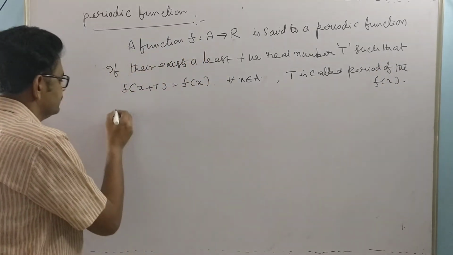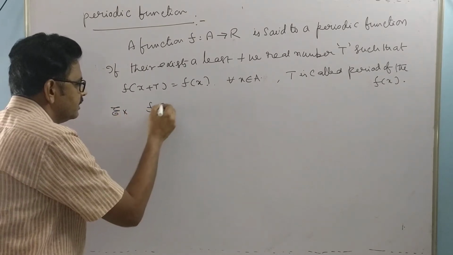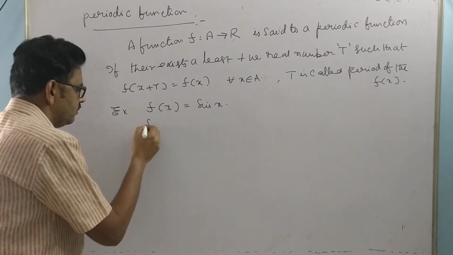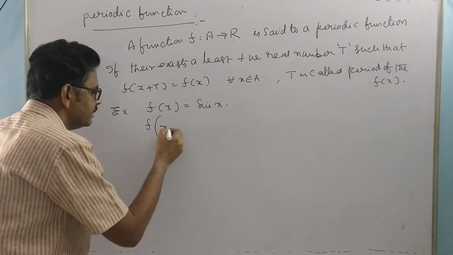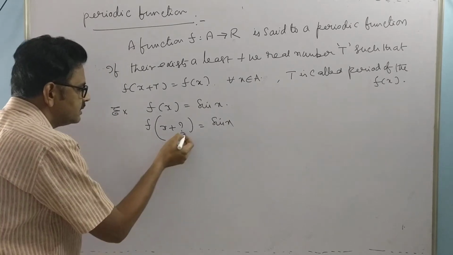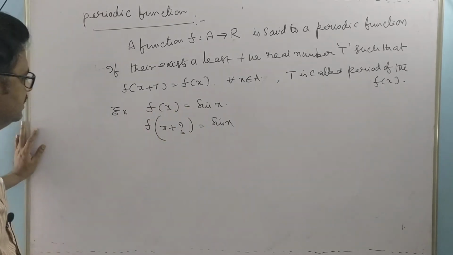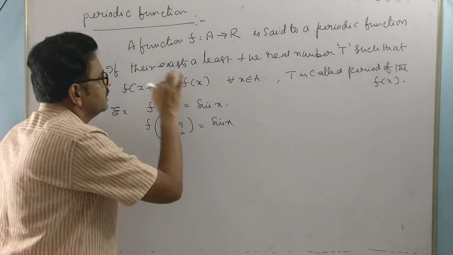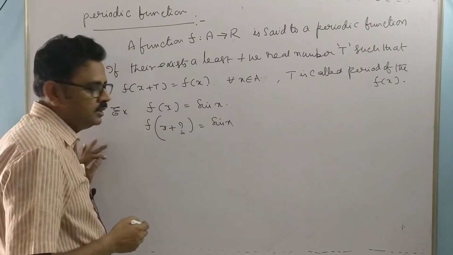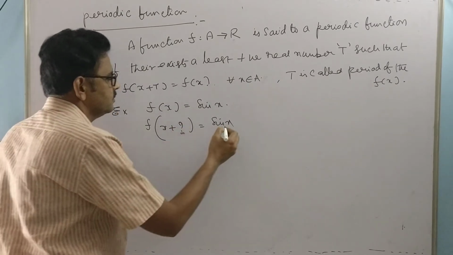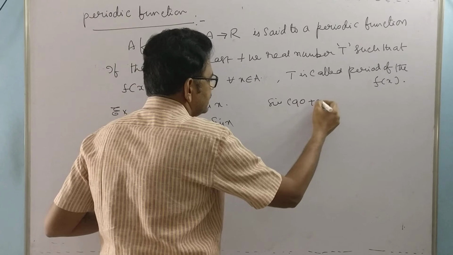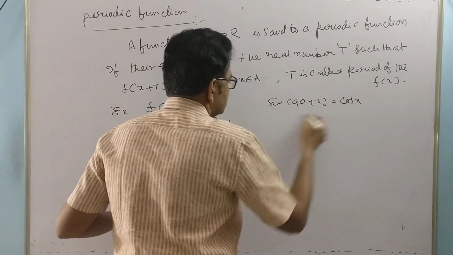Just for example, if you take f of x is equal to sin x, now f of x plus something, if you are getting the same sin x, then this is called the period of the function sin x. We cannot put 0 here because it is the least positive real number t. Suppose for verification, sin of 90 plus x is equal to cos x.